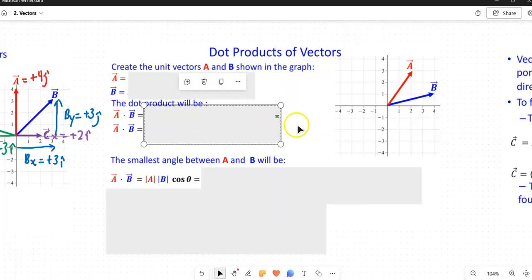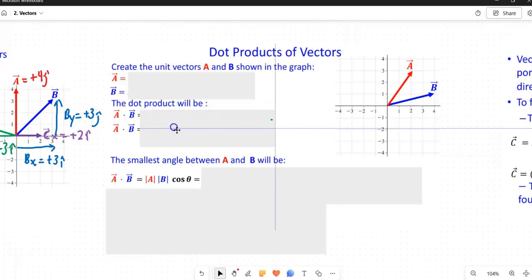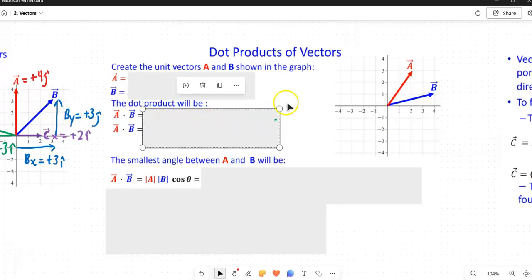So figure out the unit vectors of A and B and write them here, and figure out the dot product of A times B, and you'll find that answer. We'll do this next. So try those two things, creating the unit vectors and the dot product right now. Pause the video now.